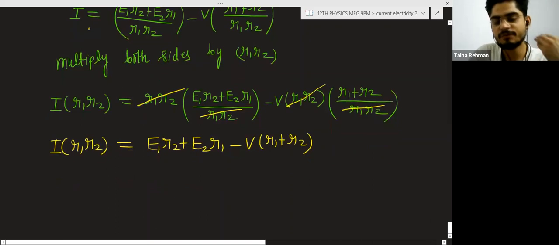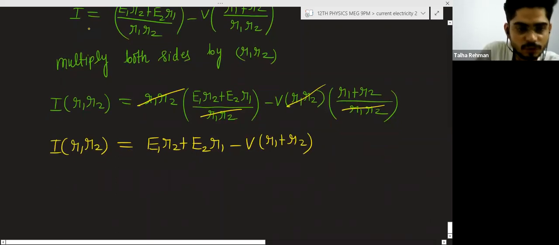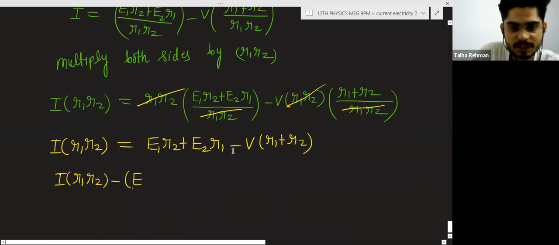Now we have to find V. So what will we do? We will write this as I into R1 into R2, and take this term to this side. So this will become E1 R2 plus E2 R1 is equal to minus V into R1 plus R2.